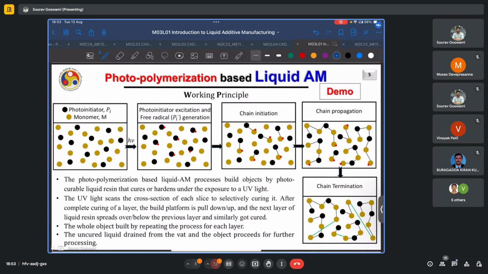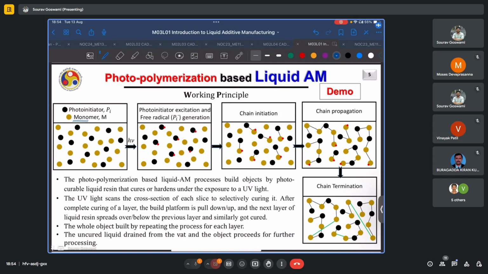When we are talking about photopolymerization, the working principle is perhaps very similar to the basic polymerization process, which most of us would have studied in elementary school. We start with a mixture of a photoinitiator and a monomer. As the name implies, it is still in monomeric state, that is, it is not linked with other monomers, which finally forms the polymer.